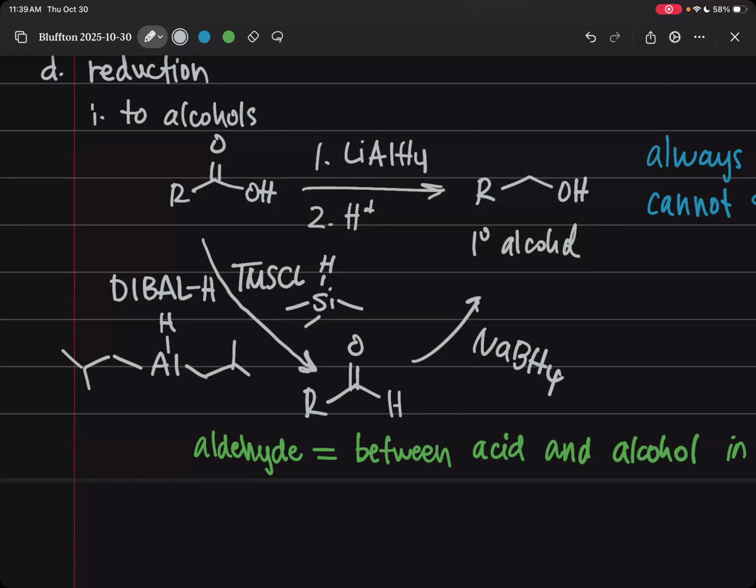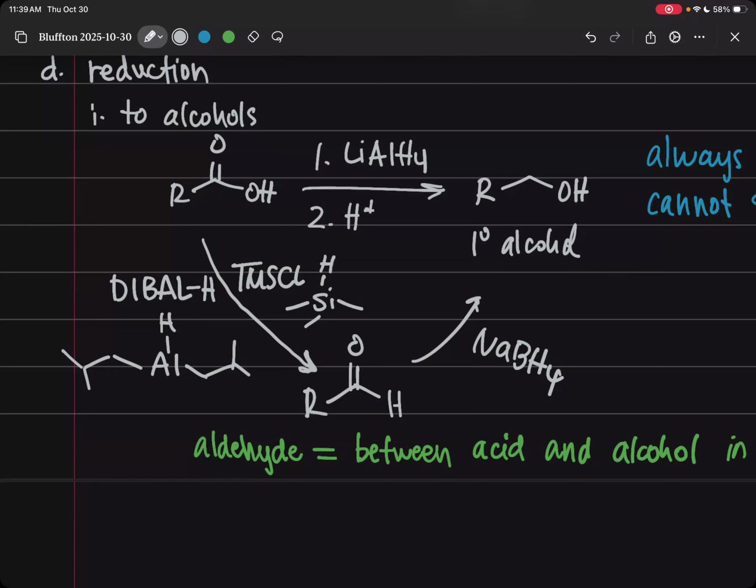Okay, so sort of exotic looking reagents. And the reason for that is, well, if we use our less exotic looking reagent, lithium aluminum hydride, that's a really strong reducing agent. And so it's going to reduce it all the way down to the alcohol.